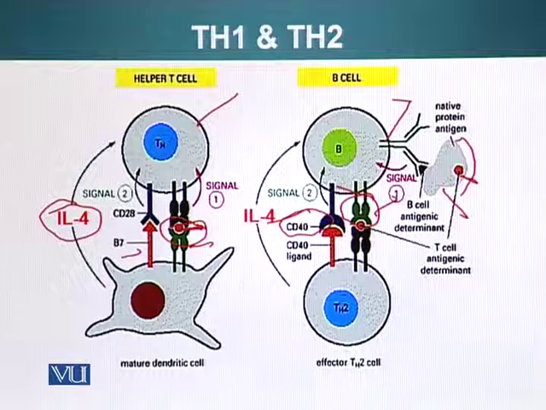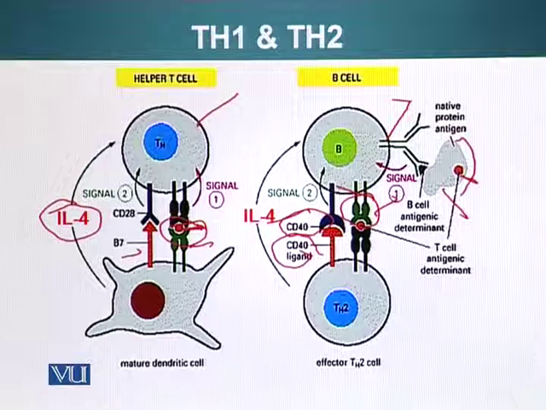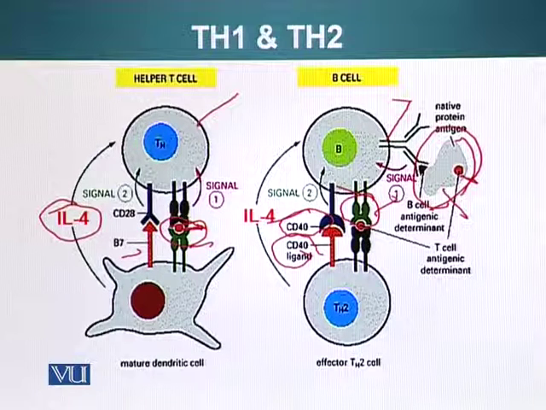When helper T cells become mature, they start making CD40 ligand. So now this B cell is going to get two signals. The first signal comes when the B cell engulfs, or phagocytoses, the pathogen, Salmonella in this case. The second signal is coming from CD40 and CD40 ligand.